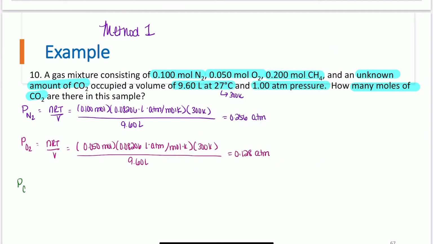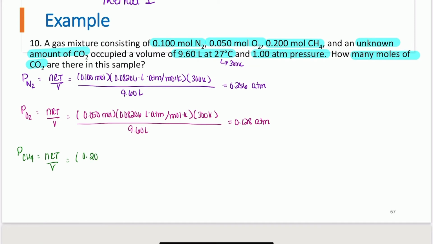Partial pressure of CH4, nRT over V. We have 0.200 moles of CH4, 0.08206 liter atmosphere per mole K, 300 K, 9.60 liters, gives me a partial pressure here of 0.512 atmospheres.